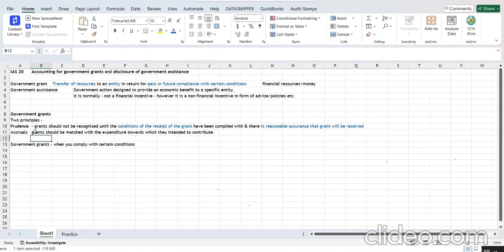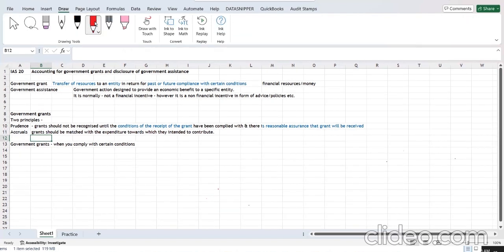This is very basic. For the current example that we saw, the government says you have to employ 100 people, give jobs to 100 employees in your entity. And the government says that giving employment to 100 people should be done in a time span of, for example, 4 years.